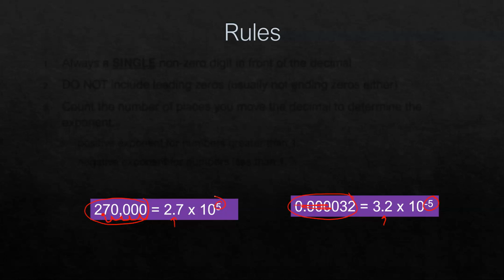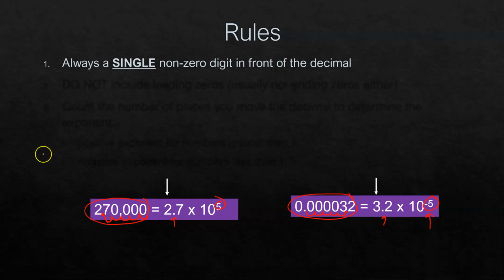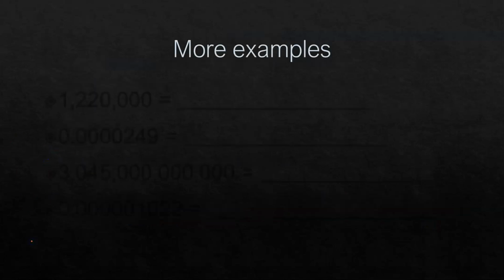That's why that's a 5. Now likewise, with 0.0032, to put the decimal here, I had to move it 1, 2, 3, 4, 5 places. But because that number is a small number, less than 1, we express that as a negative exponent as opposed to a positive exponent.